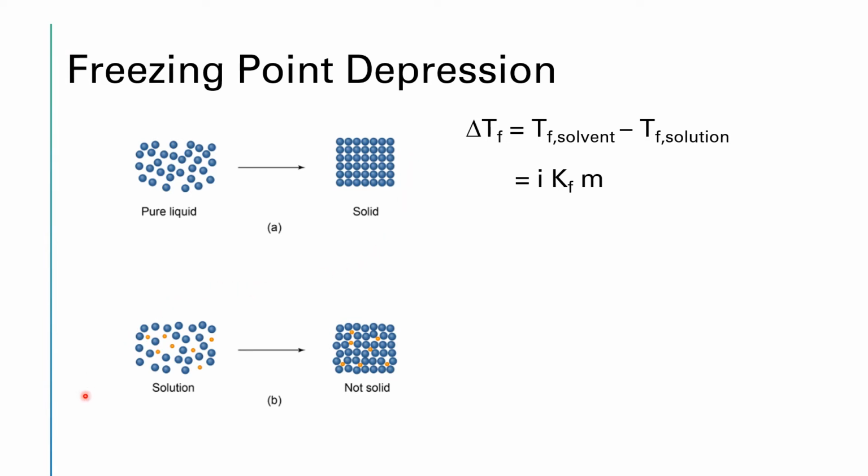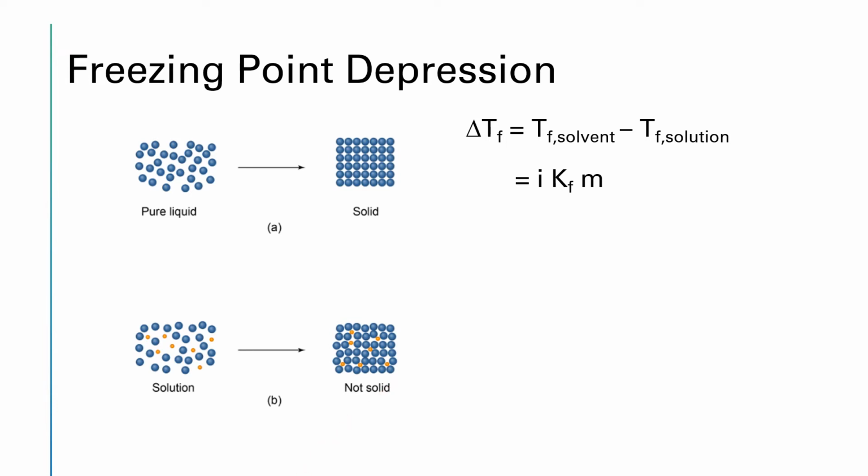Well, if instead we have a solution, so those little yellow solute particles are mixed up in there, it becomes much harder for the solvent particles to arrange themselves in that crystal structure because the solute particles get in the way, interfere with those intermolecular forces that are binding the solid particles to one another. And so we have to remove even more energy for the particles to be able to turn into a solid.